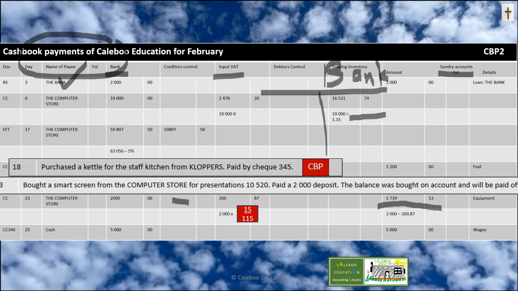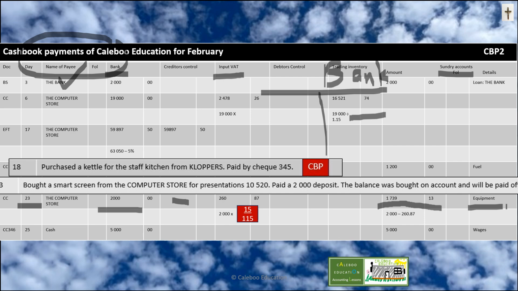And this smart screen that we bought will be put under equipment, the equipment account, because we're using this equipment in our business operations of teaching accounting. So there we go, paid a deposit on the 23rd.